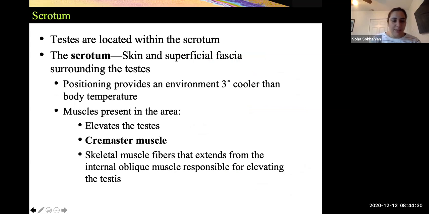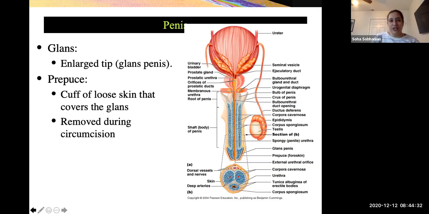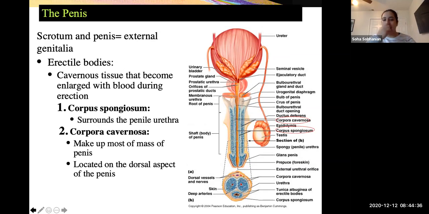Okay, so let's move on to the external genitalia. The external genitalia has two main erectile tissues, which form the majority of the mass of the penis. A cross-section of them is shown here.